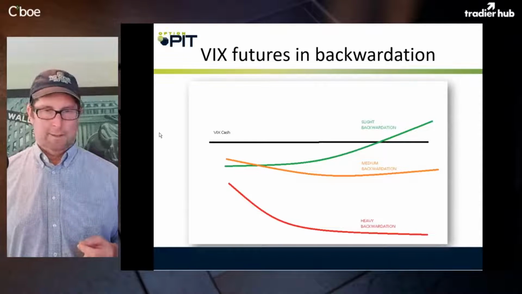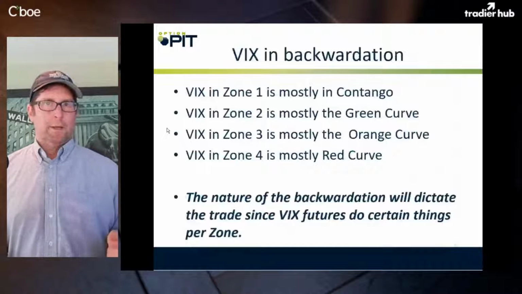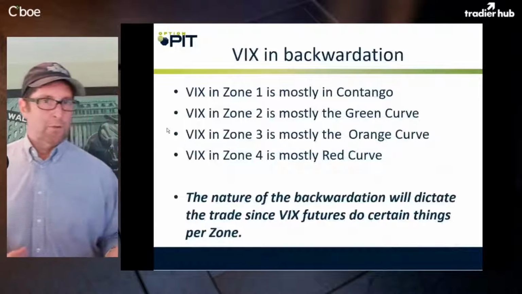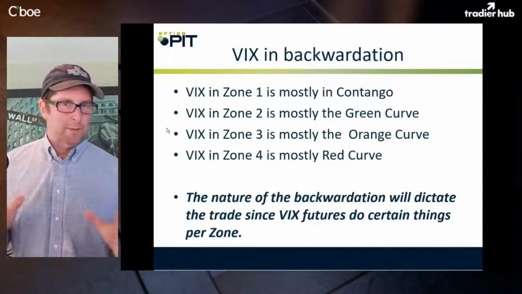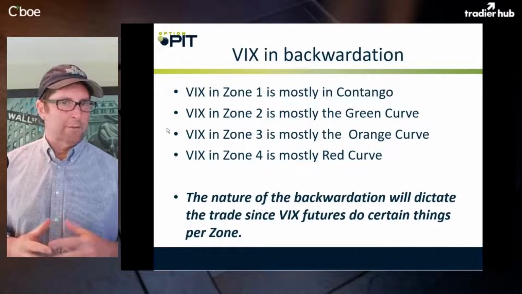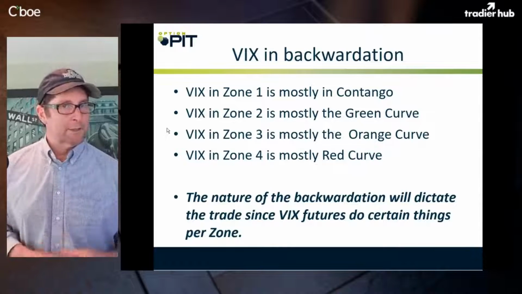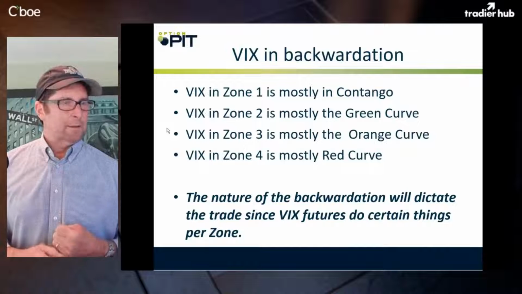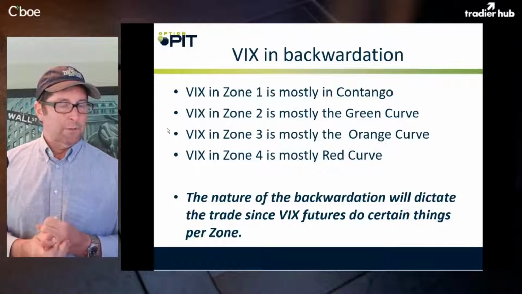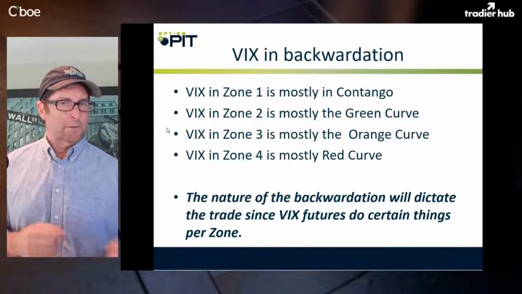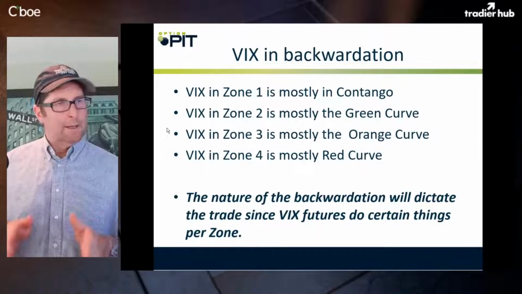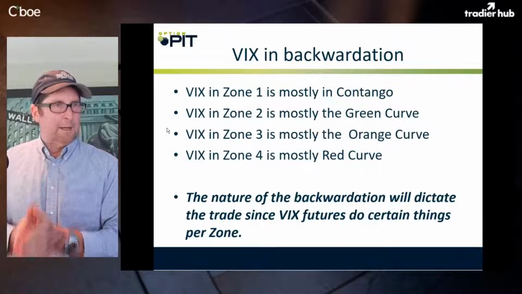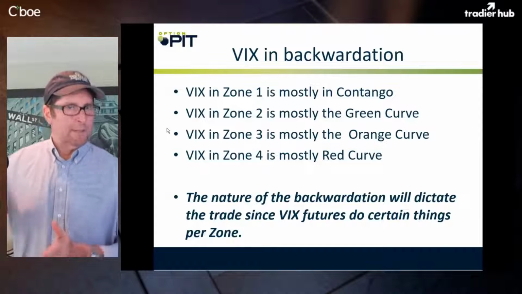Now, a couple of things. This is sort of an Option Pit thing, but we break VIX down into quartiles. Zone 1 is 9 to 13. Zone 2 is 13.01 to 17.99. VIX spends 50% of its time below 18 and 50% of its time above 18.